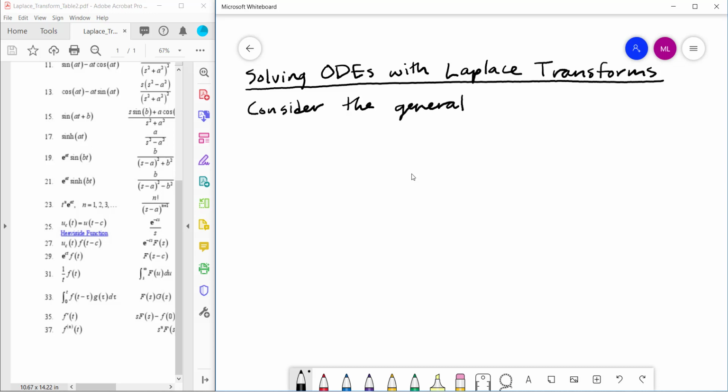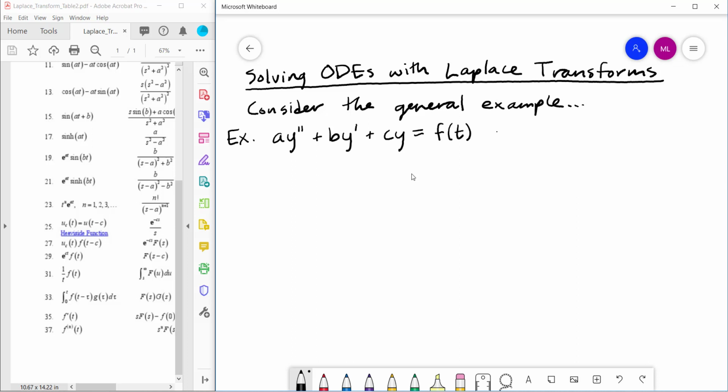of, in this case, a second order differential equation. Let's say that I want to look at ay double prime plus by prime plus cy equals some function that we'll call f of t.